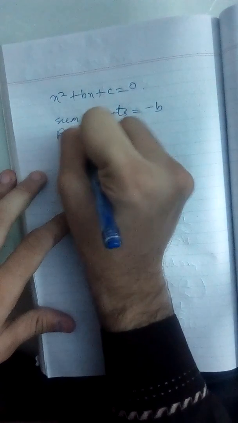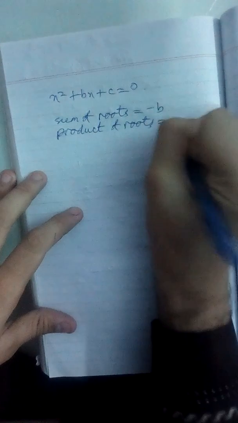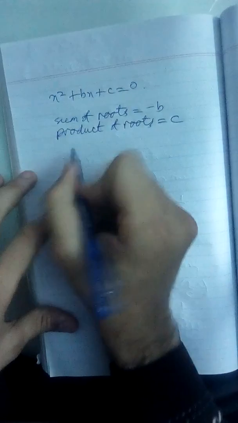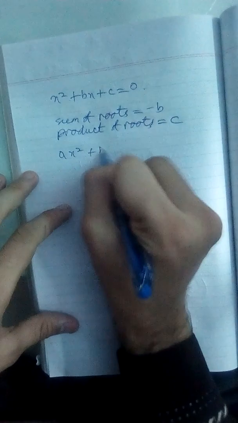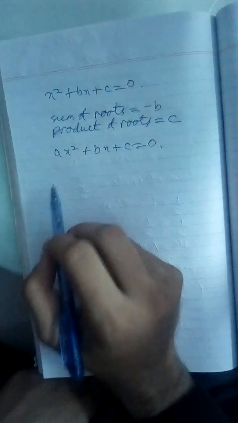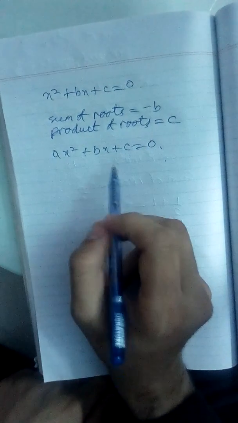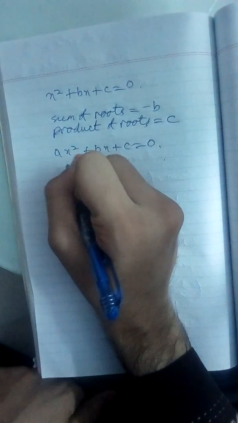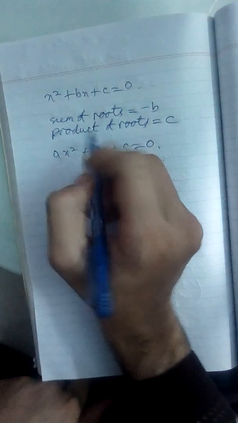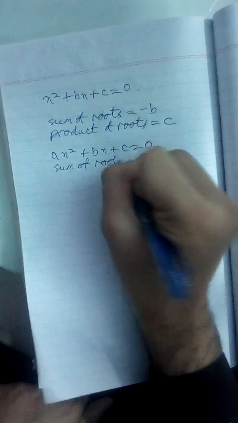Product of roots is equal to c. Now in the form ax squared plus bx plus c, the concept is the same. We would reduce the equation by dividing both sides by a, but we would obtain different expressions for the sum of roots and the product of roots due to a different form of the equation.